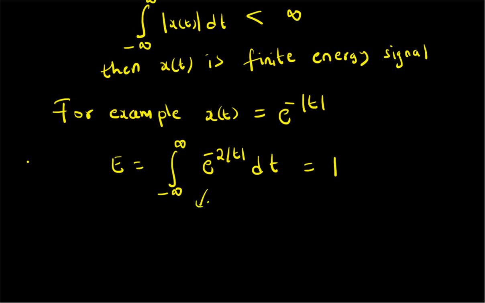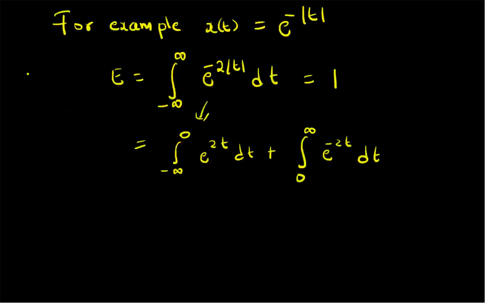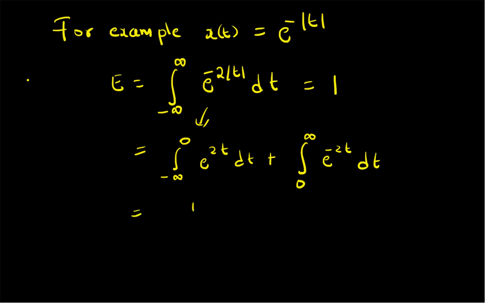It is based on the idea that we can break this integral into two parts: the integral from minus infinity to 0 of e power 2t dt, plus the integral from 0 to infinity of e power minus 2t dt. The first integral is 1 by 2, and the second one is also 1 by 2. So the sum is 1, which means the signal x of t has energy equal to 1.